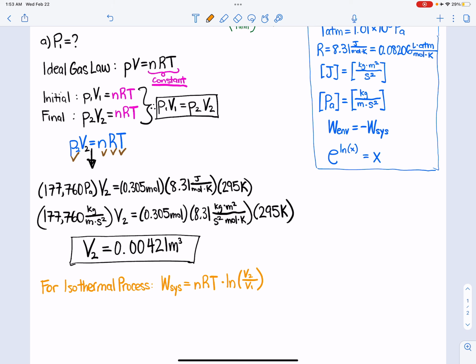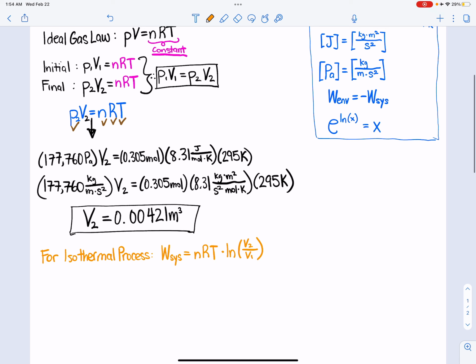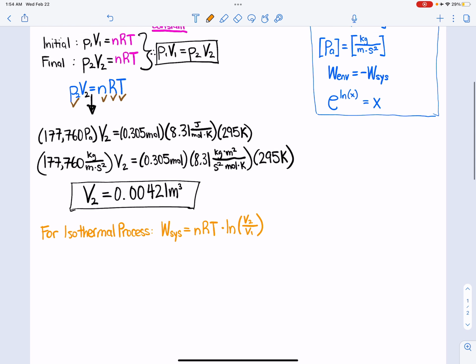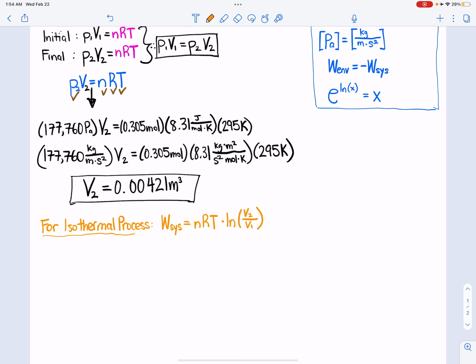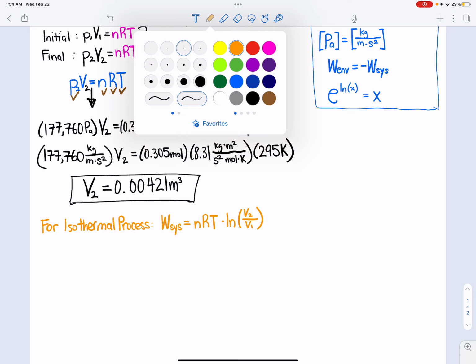Then we can continue to solve from there. And if you don't know how we got this, I can quickly run through it, but I'll do that at the end. Anyways, for an isothermal process, we should know that this is the equation for work done by the system, okay?